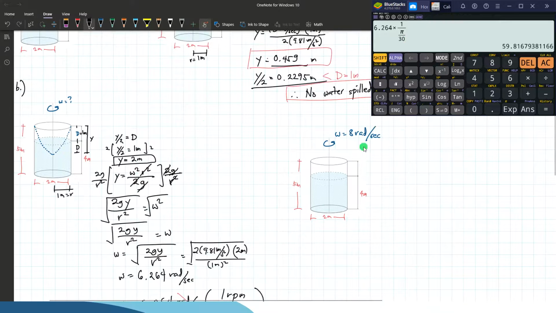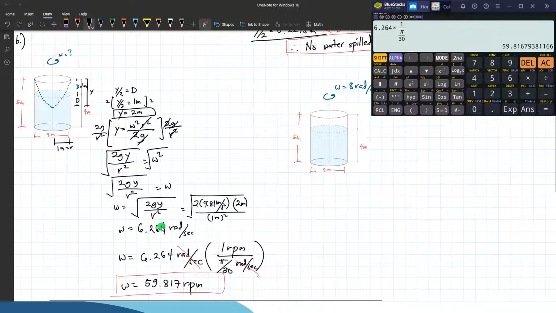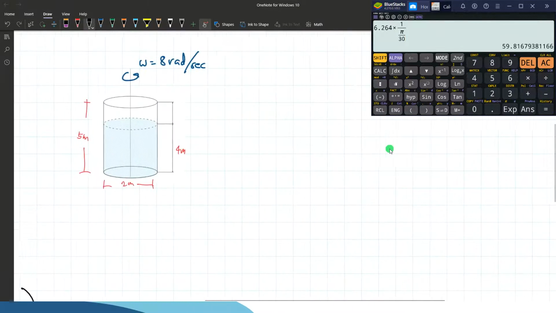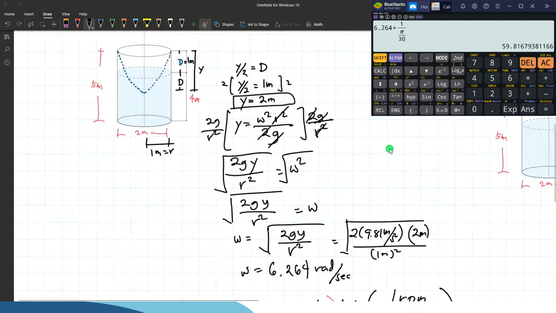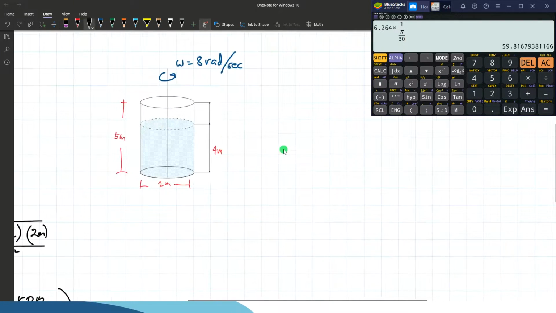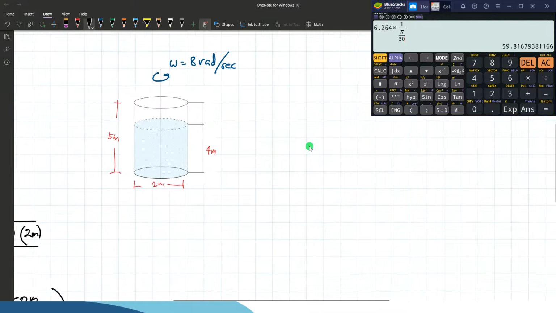Since our W is greater than 6.264, it is expected that half of y will be greater than this depth of 1 meter. So there will be water spilled. So how do we determine the volume that will be spilled from this container when it is rotated at 8 rad per second?